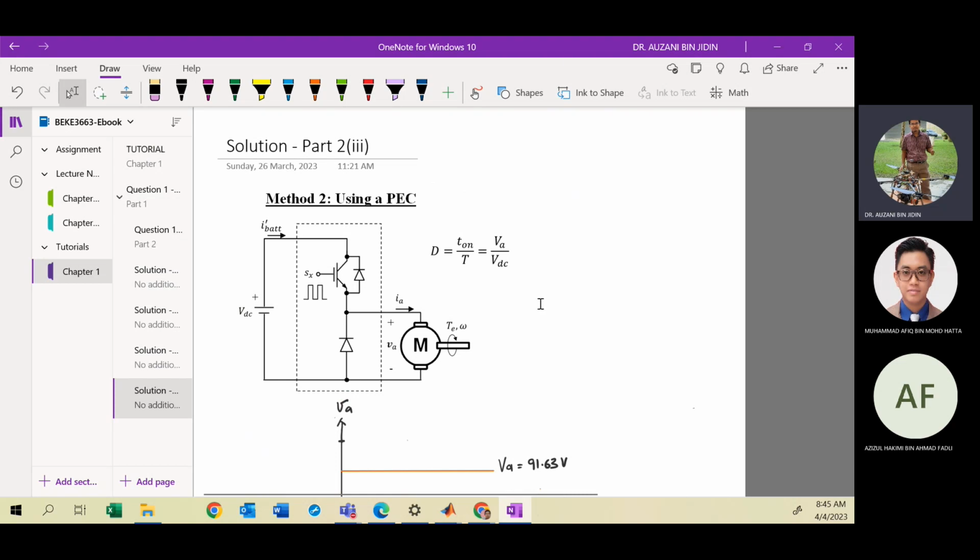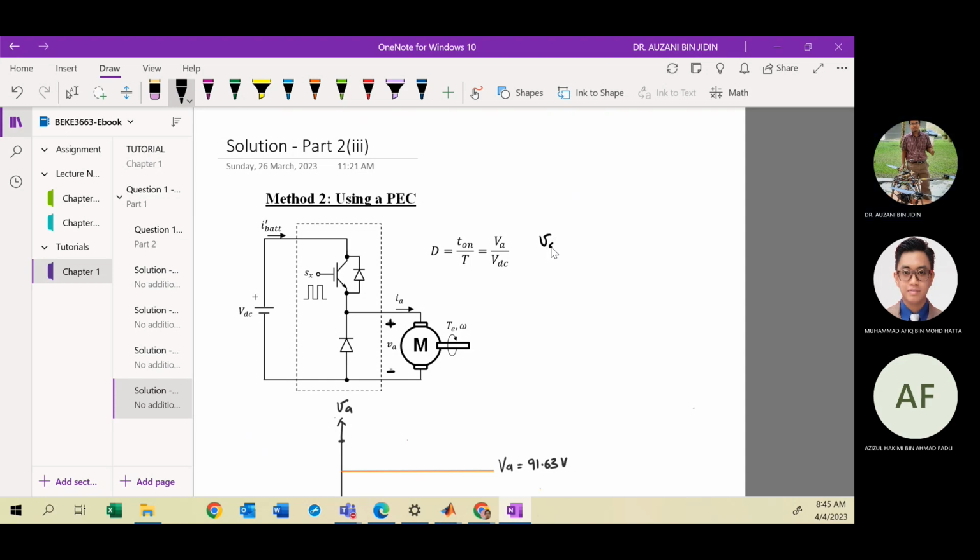Before we sketch the waveform, maybe we can write the expression of the armature voltage, VA, the voltage across the motor. VA can be either positive VDC or 0.